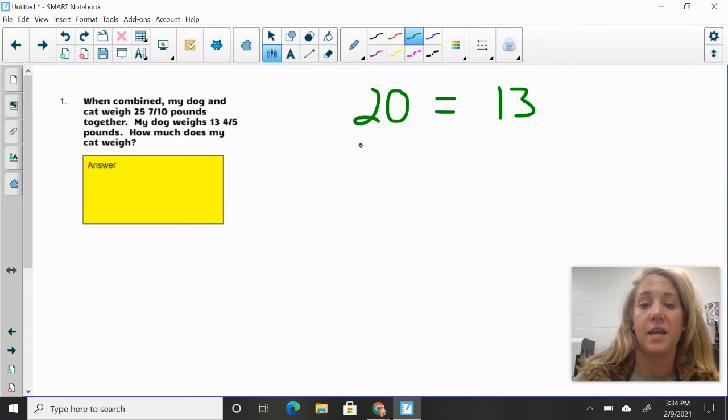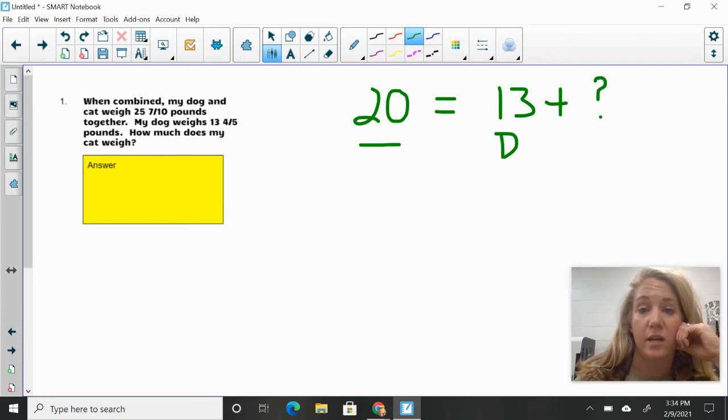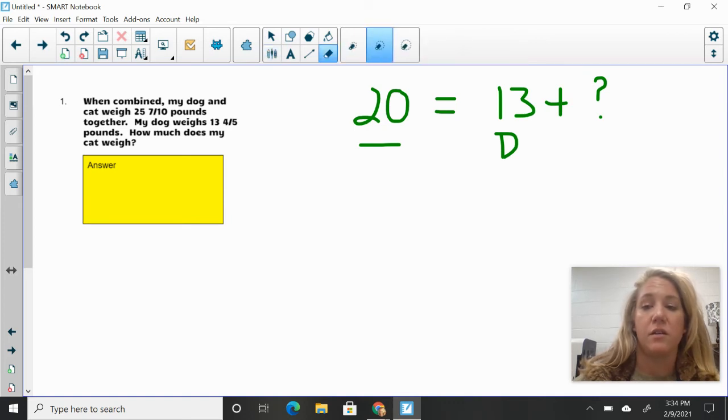Okay, so altogether they weigh 20. If this is my dog, then how much does the cat weigh? Well, I know that 13 plus 7 is 20, or I know that 20 minus 13 is 7, okay? So what I need to do is take the total.